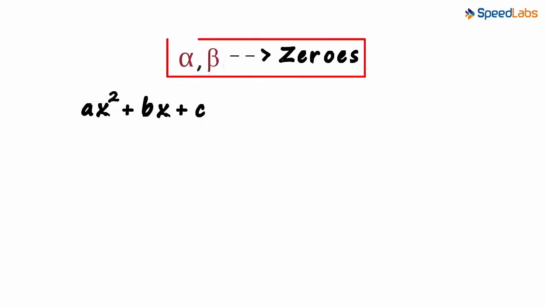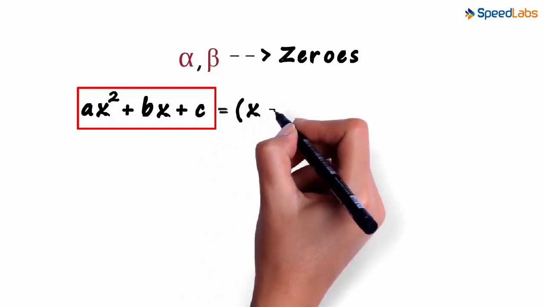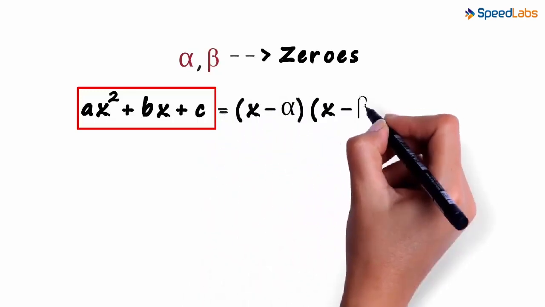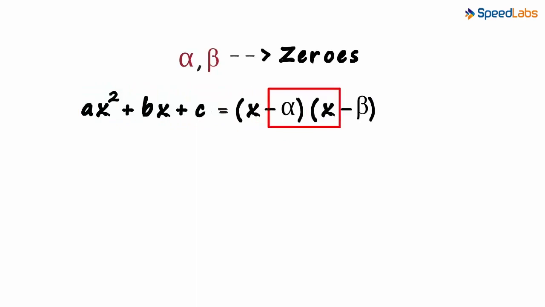If alpha and beta are zeros of a polynomial, then we can say that x minus alpha and x minus beta are factors of that polynomial. So we wrote this polynomial as this factor multiplied by this one. Now we are about to derive something really interesting.